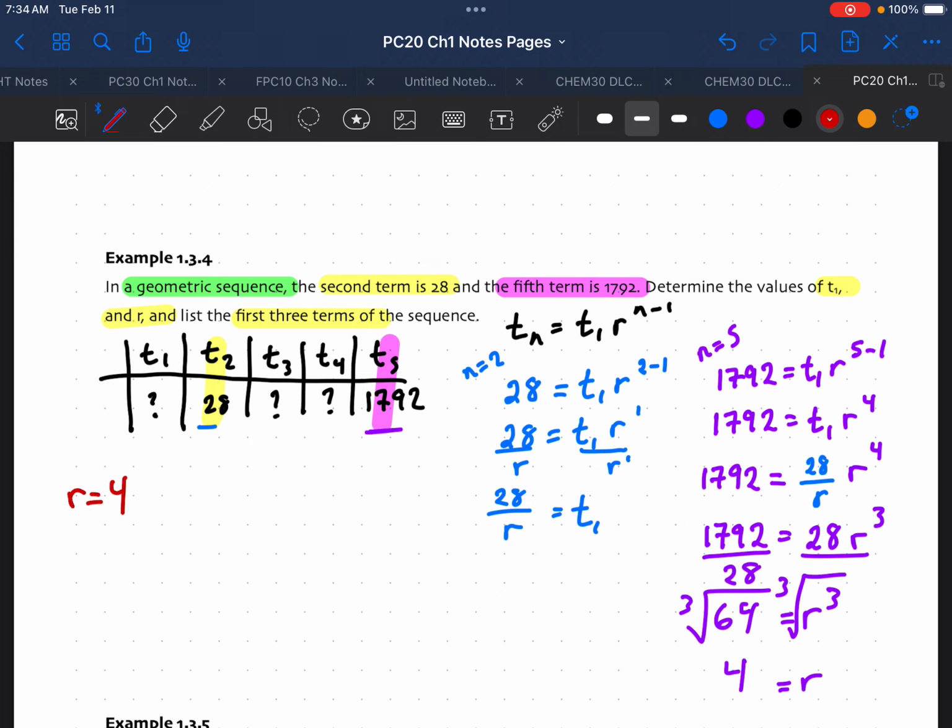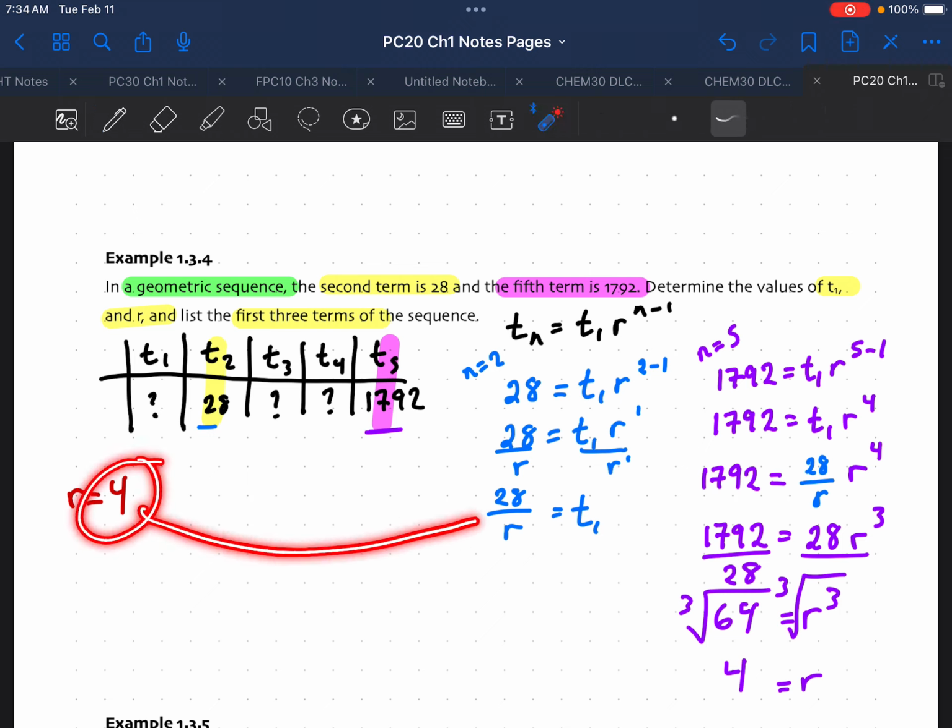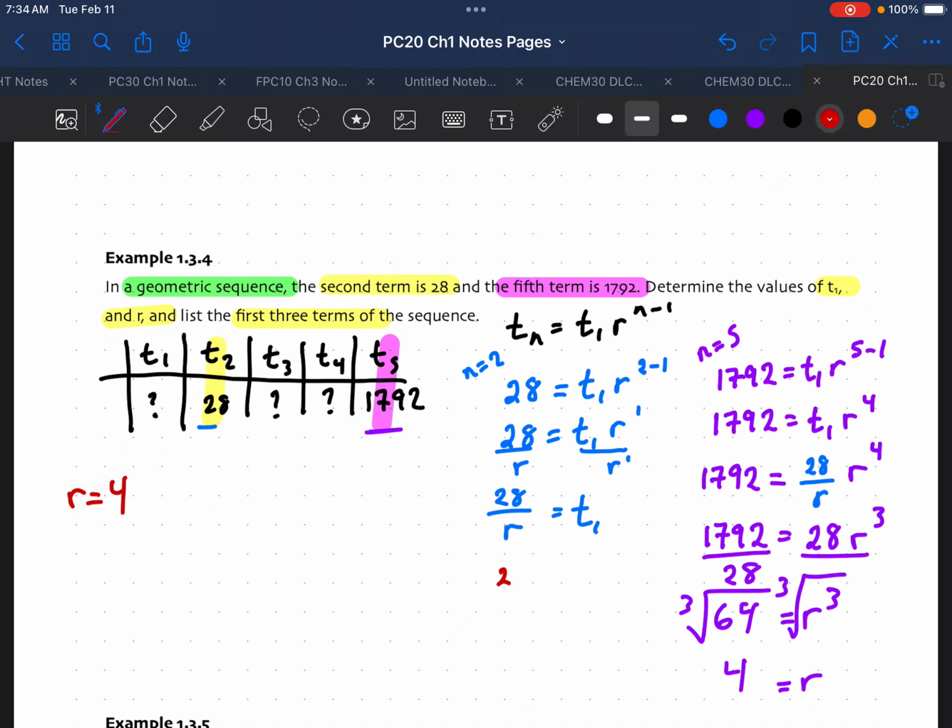Now, if I take this 4 and throw it into one of these equations right here, I can figure out my term 1. So 28 divided by 4 is equal to term 1. Term 1 is obviously equal to 7.